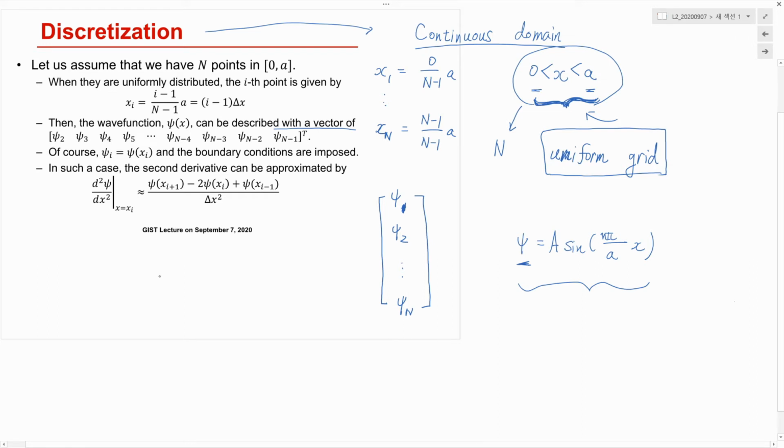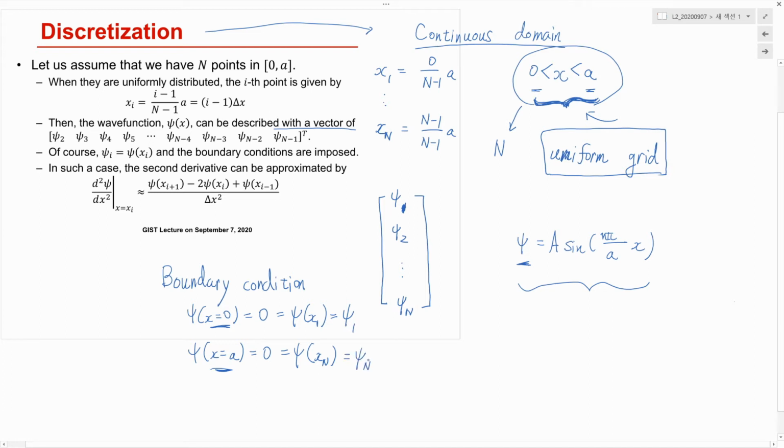But please note that we have a boundary condition. So what was it? It was psi at x equal to 0 is 0, and psi at x equal to a is 0. You know that x equal to 0 is assigned as x1, and x equal to a is regarded as xn. We can say that these are denoted as psi 1 and psi n.